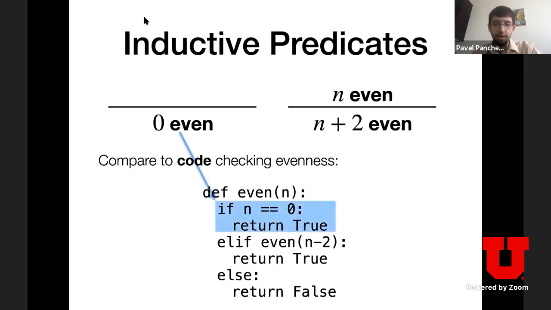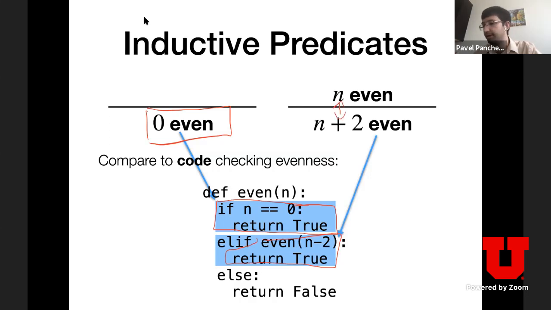So you can see here that each of the branches of the if statement correspond to one of the constructors. So when I say if n equals 0, return true, what I really mean is that there is a constructor of even 0. And when I write here that if even n minus 2 return true, you can think of that as being the correspondence between n and n plus 2, except I've inverted it here in the code. And as a result, I'm saying that there ought to be a constructor of n plus 2 even.